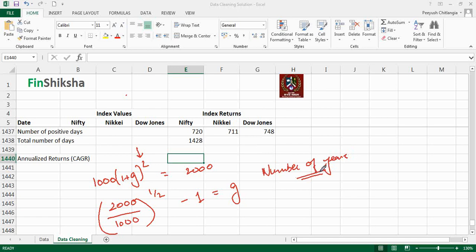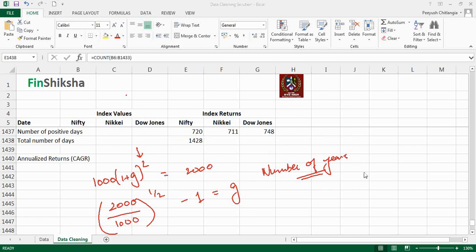Now, remember, when we have the total number of trading days, we can't really divide it by 365 because this will give us a lesser number, because the stock markets don't trade on certain days like Saturdays and Sundays, right? So we can't use this directly.